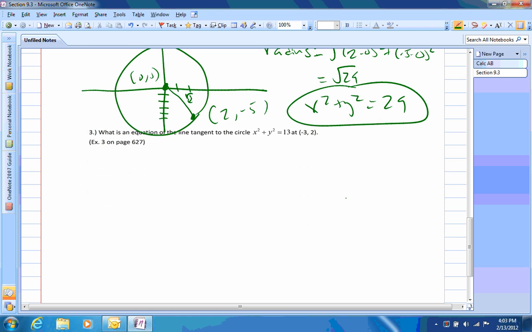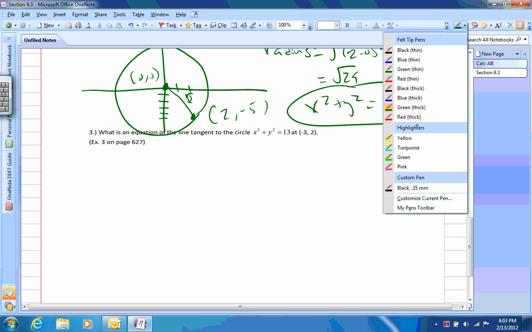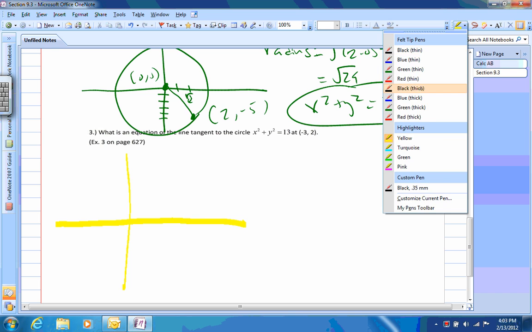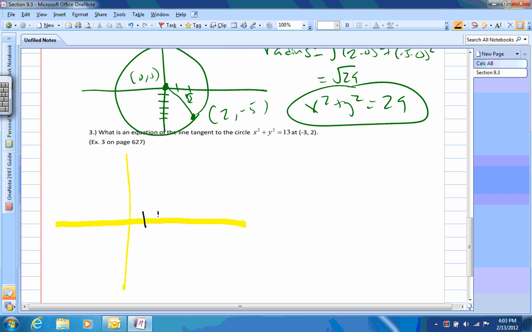Last one. We'll try yellow, but it's going to be a little tricky. Maybe I'll use a highlighter for this one. Write the equation of the line that's tangent to the circle x squared plus y squared equals 13. So if I try graphing the circle, it always helps to graph it first, just so you can visualize it.